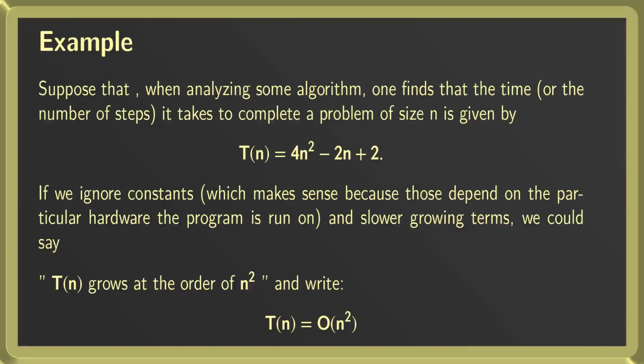If we ignore constants, which makes sense because those depend on the particular hardware the program is run on, and slower growing terms, we could say T(n) grows at the order of n squared, and write T(n) equals capital O of n squared.